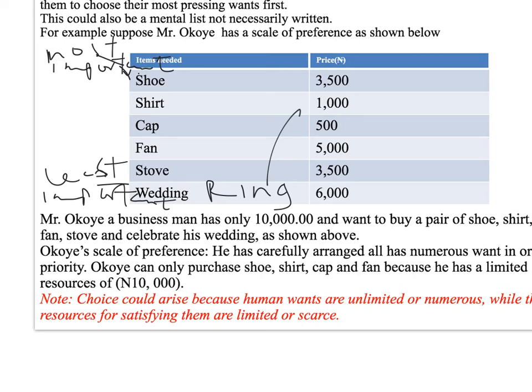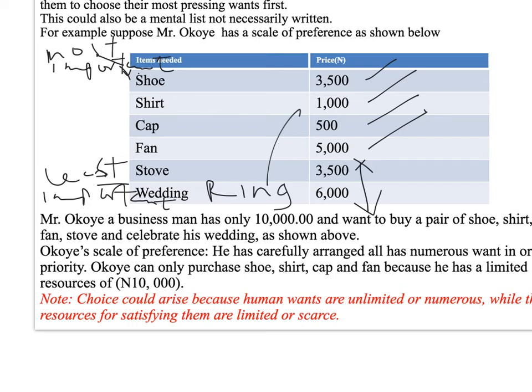Suppose that Mr. Okoye is a businessman that has only 10,000 naira with him and he wants to buy all these things. From the way the list is run, we can see that Mr. Okoye can only be able to buy the shoe, the shirt, the cap, and after buying the fan, his money will finish. The resources he has with him will finish, thereby making him not being able to satisfy the wants of the stove and the wedding ring.